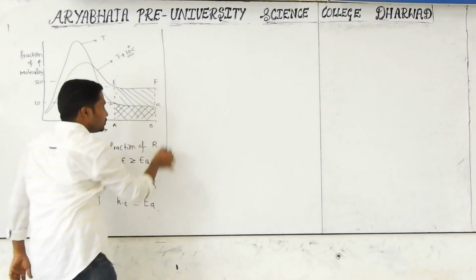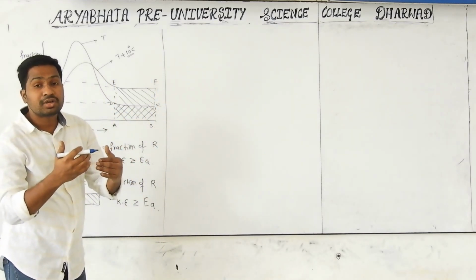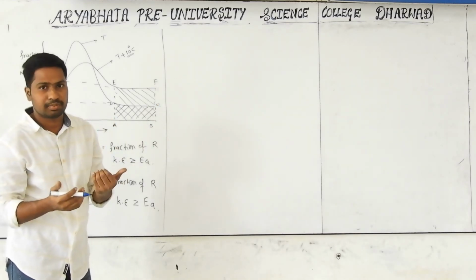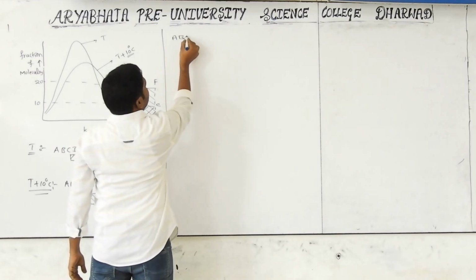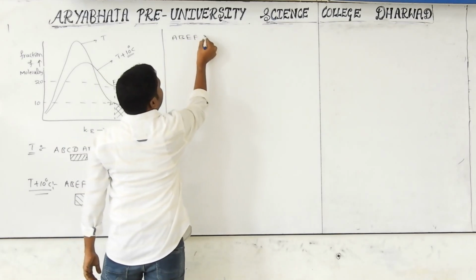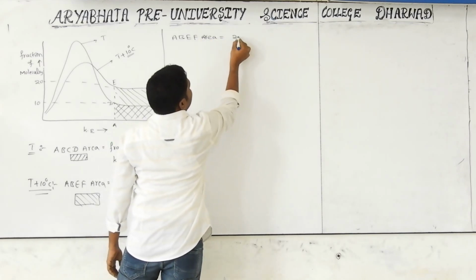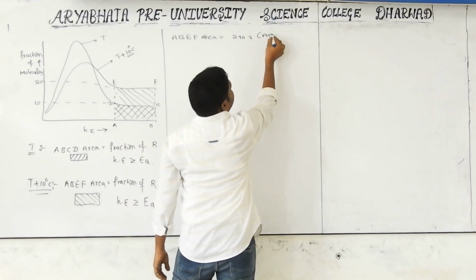Now, what is our concept? For every 10 degree range in temperature, the rate constant value becomes a minimum of double up to a maximum of triple. That is our concept now. For clarity, ABEF area is equal to 2 to 3 times the ABCD area.